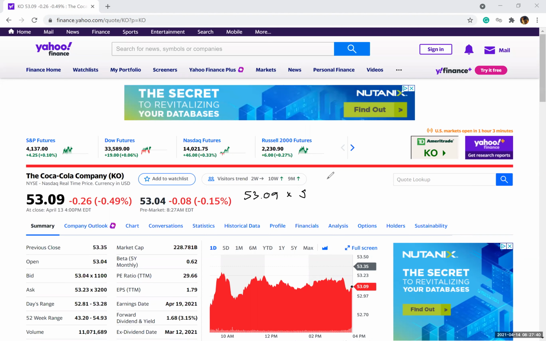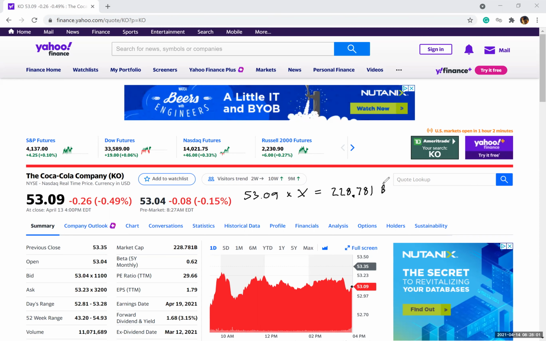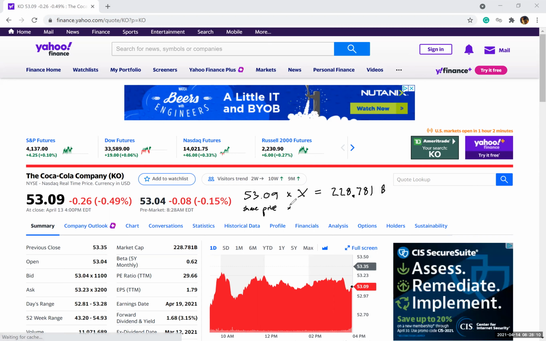So it's kind of like saying times X equals 228,781. I'm just going to make this a period and we'll stay with the billion here, because we know that the formula is current share price multiplied by shares outstanding equals market cap.